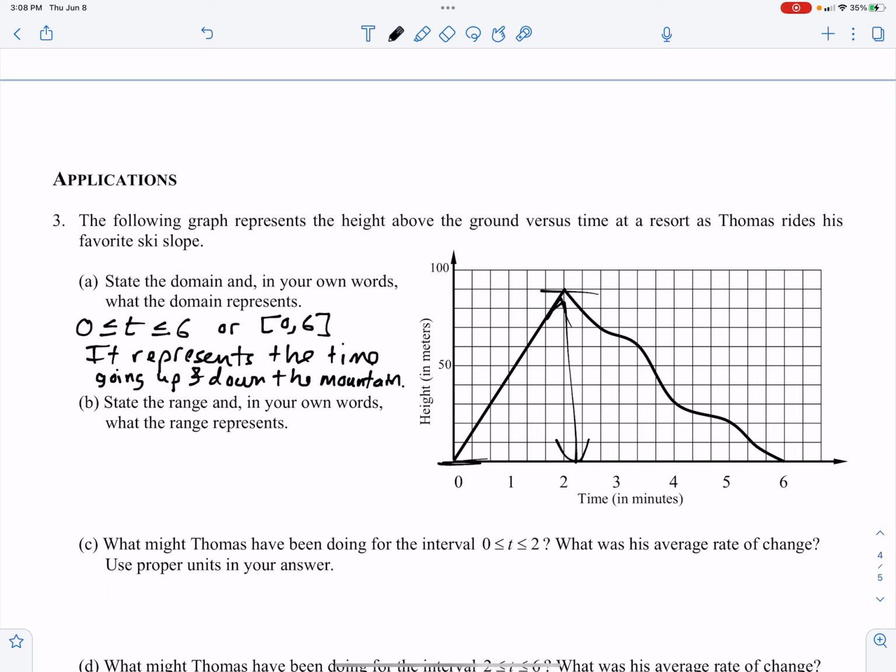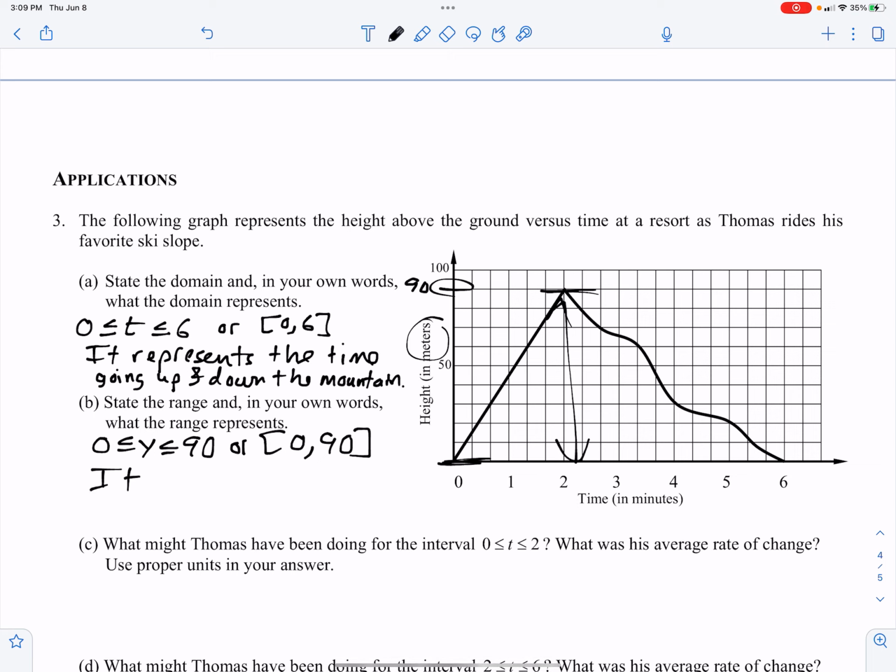Well, the range is a lowest point of 0 and a highest point of, this would be 90 meters. So we could say y is less than or equal to 90 meters and greater than or equal to 0. Or you could write it as 0, comma 90 with braces around it.